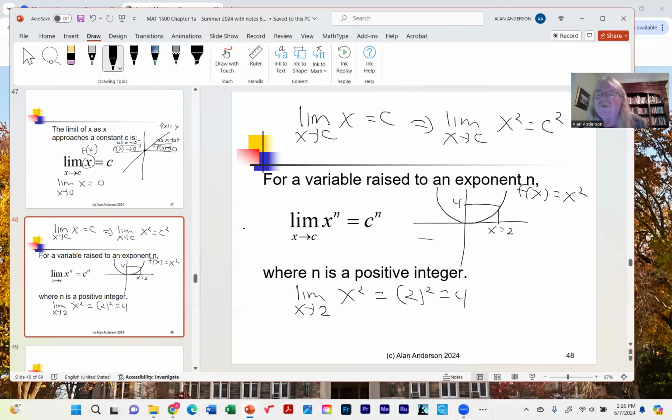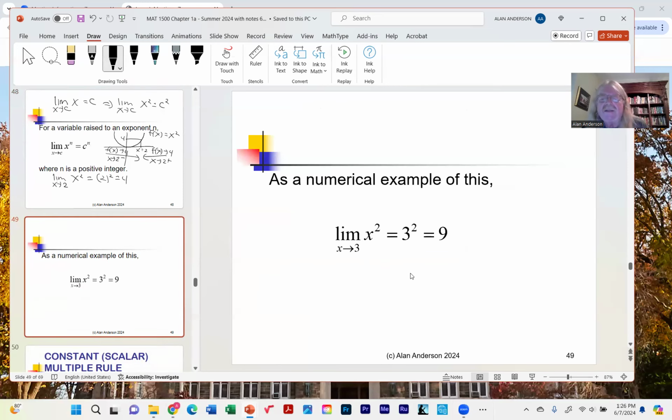No matter which direction I'm coming from, f of x is converging to 4 in both directions. So that's pretty straightforward. And the same thing is true if I have x cubed, x to the 4th. It doesn't make any difference.